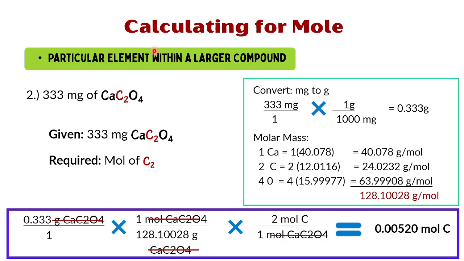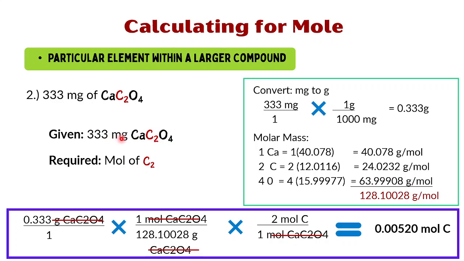Okay. Class, in calculating the number of moles, the number of moles is equal to mass, which should be in grams, divided by the molar mass, which should reflect the unit grams per mole. In this case, our given is 333 milligrams of calcium oxalate.